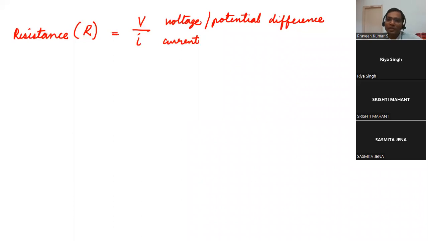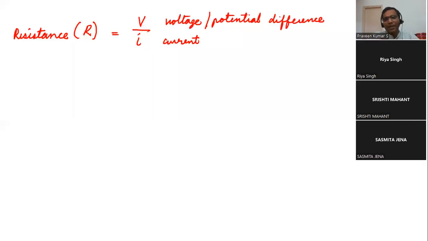What about voltage? How can you explain it in layman terms? Not a scientific definition. In layman terms, what is voltage? The current into resistance. That is from this equation. If you rearrange, you will get V is equal to IR. That is very correct.